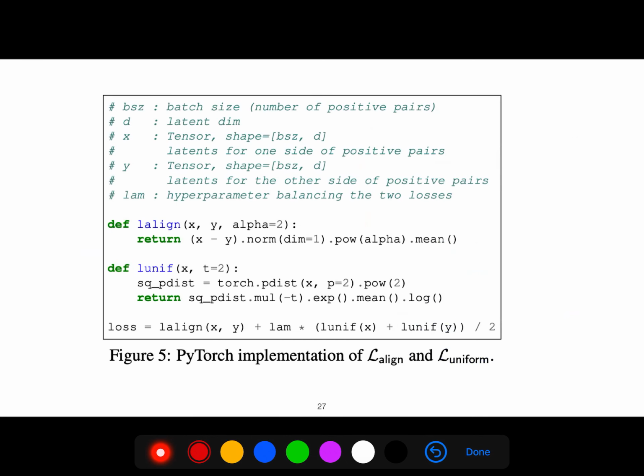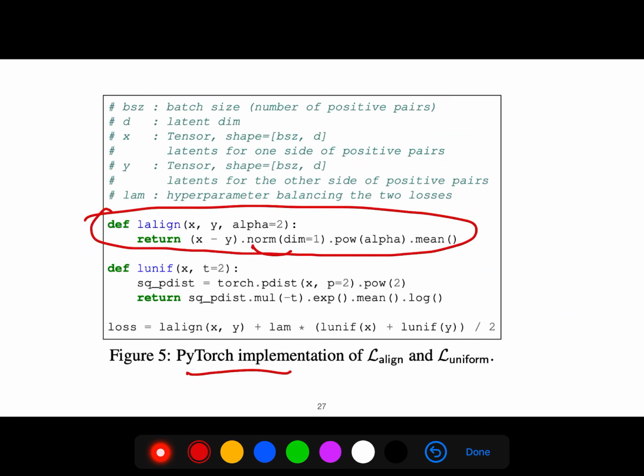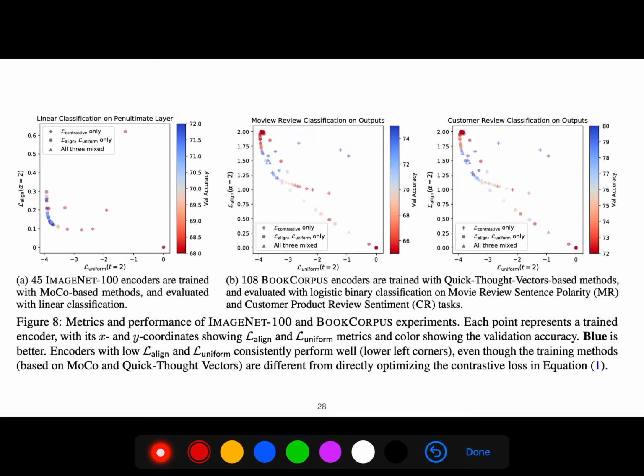For example, this is the PyTorch implementation of alignment. We take the norm to the power alpha and take the mean. For uniformity, we use the pdist function of PyTorch, then power to 2, then take the expectation mean, and then the log of that. So these are the metrics and performance on ImageNet-100.